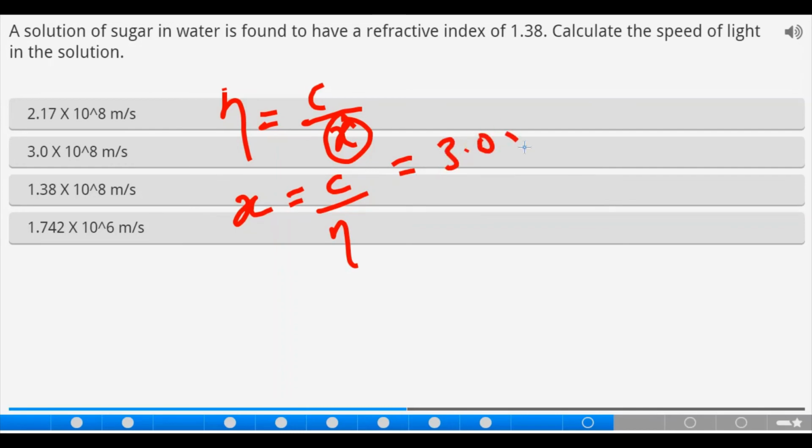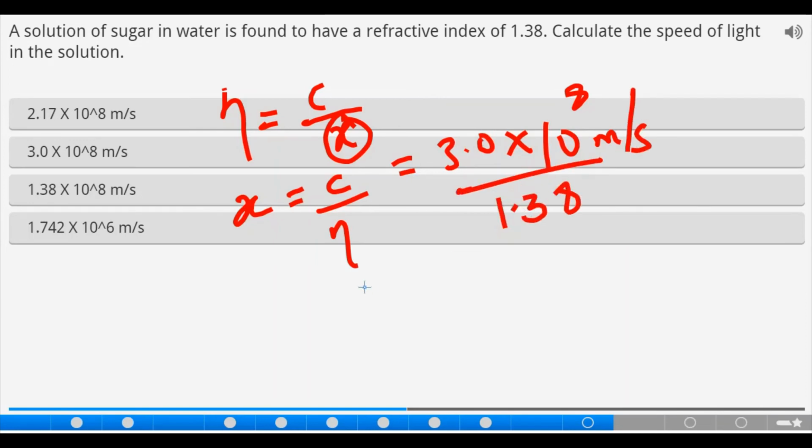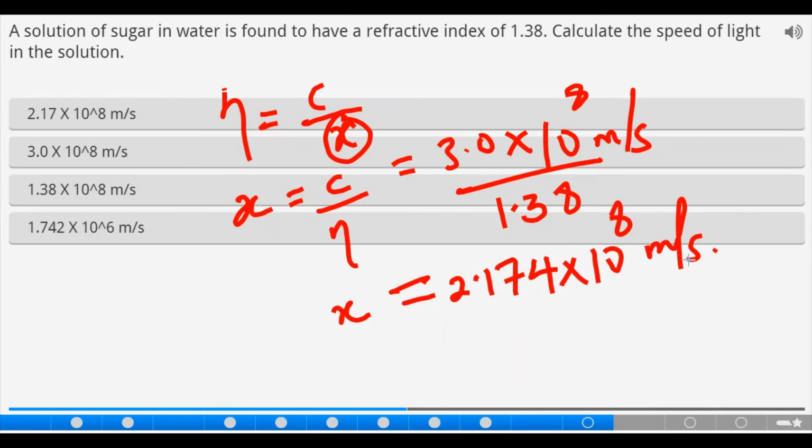That will be what? 3.0 times 10 raised to power what? 8 meters per what? Seconds, divided by what? 1.38. Our X now, that is the speed of light in the solution, becomes 2.174 times 10 raised to power 8 meters per second. So do we have it?